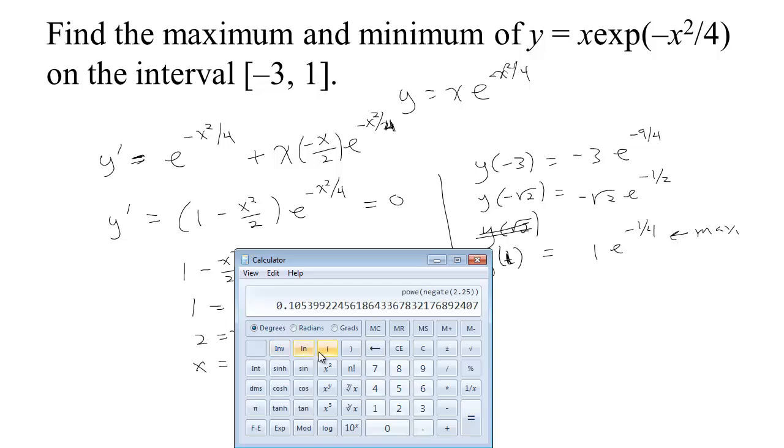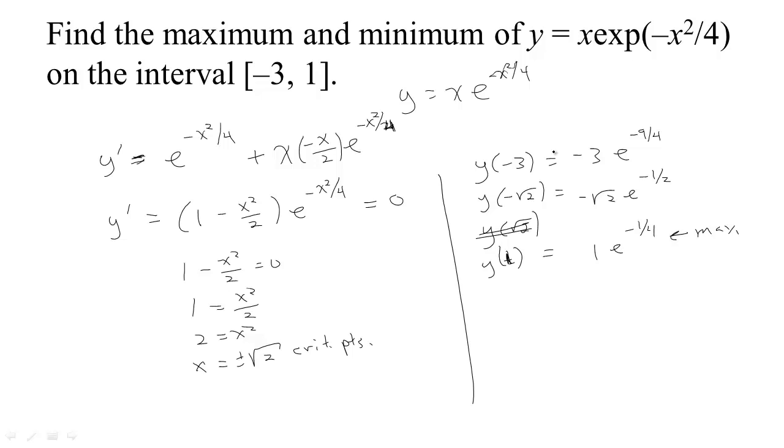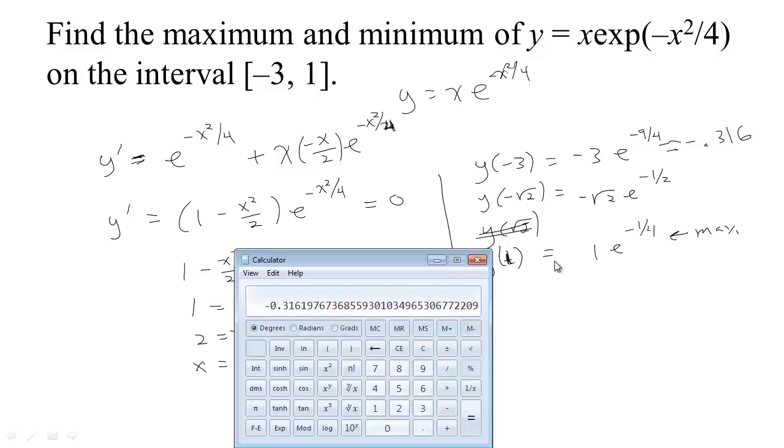Okay, so e to the x. That's e to the negative 9/4. It's 0.1, and then I'm going to multiply it by negative 3. We get a value of negative 0.31619. So this is about negative 0.3161.